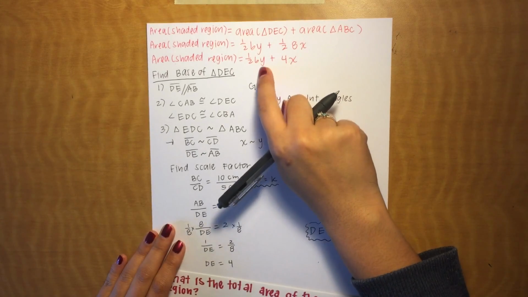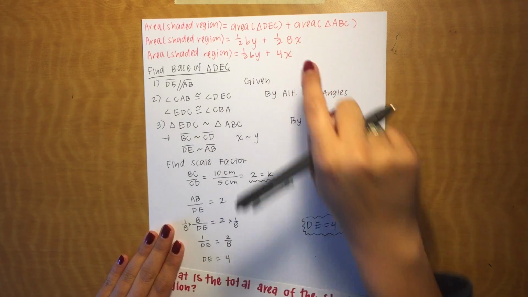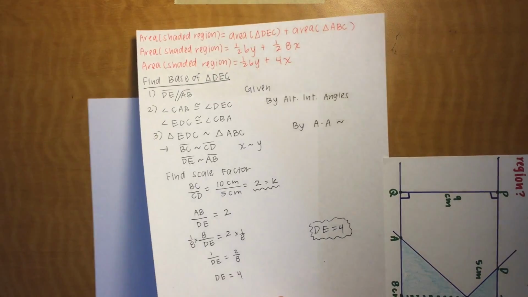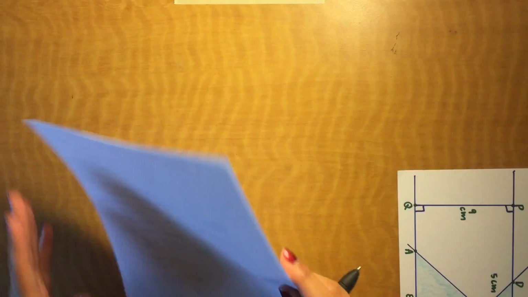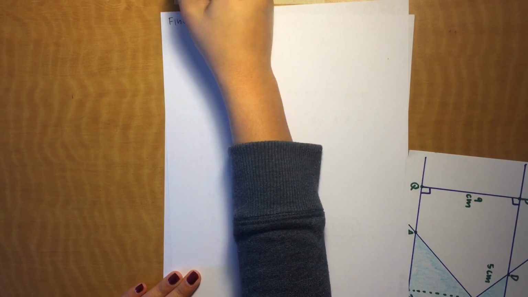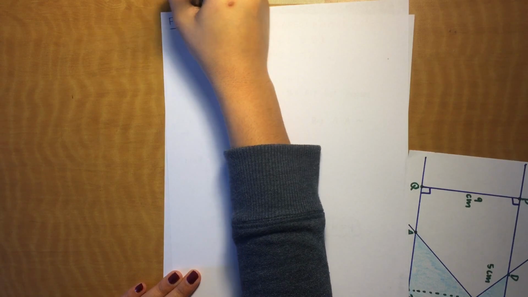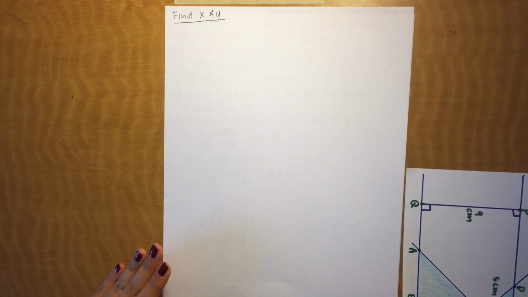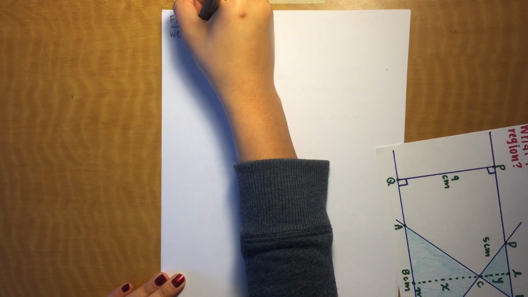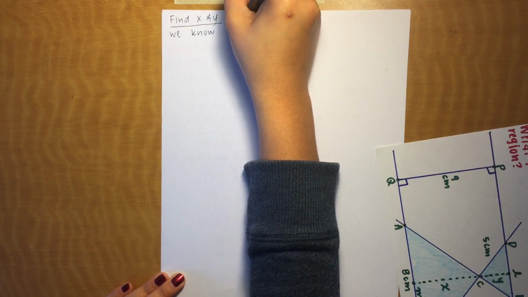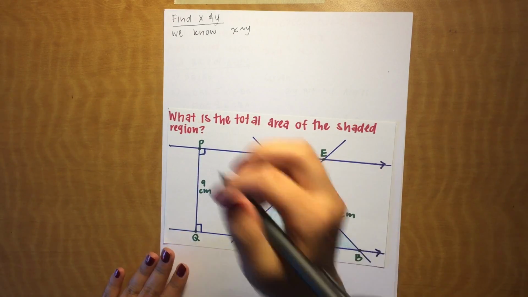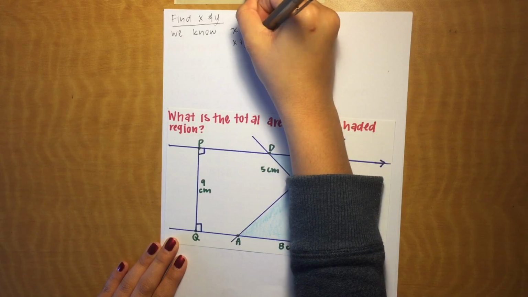Now we know the base. So now let's look for y and x. To find x and y, we'll also use similar triangle knowledge. We know that these triangles are similar, and we also know that x plus y equals 9.